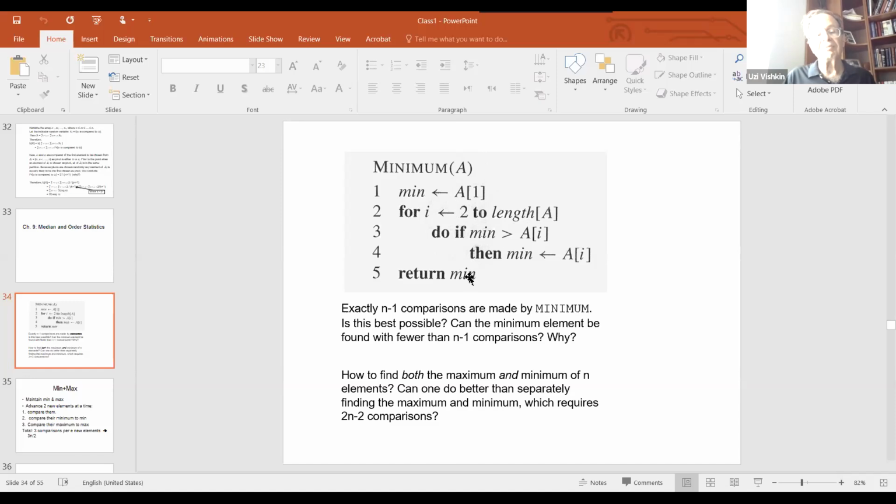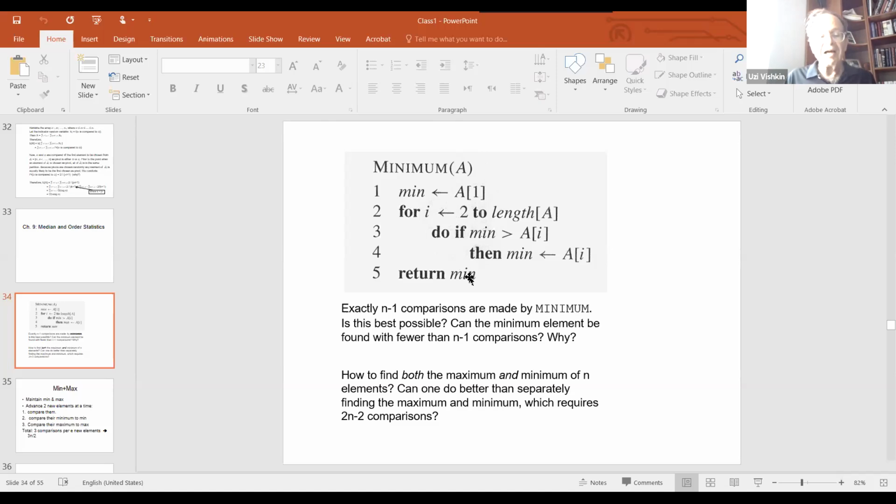How many comparisons did we do here? The answer is n-1, because after selecting the first element without a comparison, we did n-1 comparisons. Now, you don't need much imagination to see that a completely symmetric algorithm could solve the maximum problem. You take the first element, declare it as your tentative maximum, and keep comparing, and at the end you remain with the largest element.